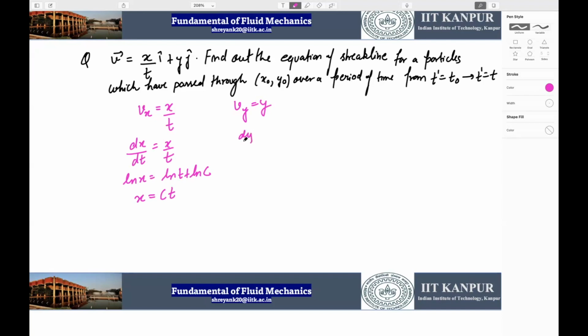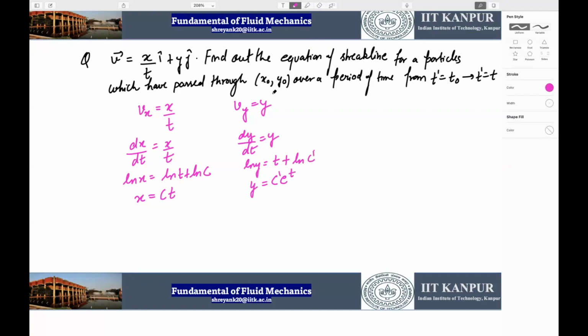Similarly, dy by dt is equal to y, ln y is equal to t plus ln c, so y is equal to c prime e to the power t.